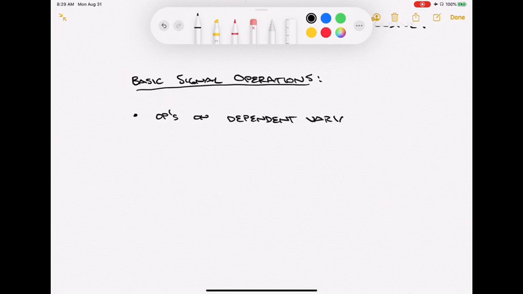I'm not going to spend a lot of time with this because these are operations that I'm pretty sure almost everybody in the class should be very comfortable with. So if I have a signal x of t, the dependent variable is the x. So we're going to be talking about operations on that dependent variable.